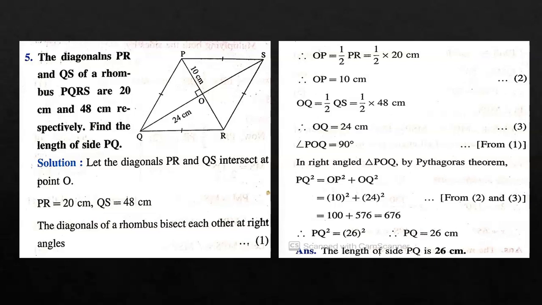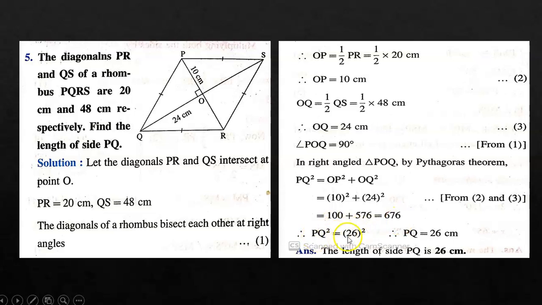So OQ is 24. Now in this angle POQ, this angle POQ is 90 degrees. So in right angle triangle POQ, I'm going to use Pythagoras theorem. PQ square is equal to OP square plus OQ square. So 10 square plus 24 square, 100 plus 576, I get 676.